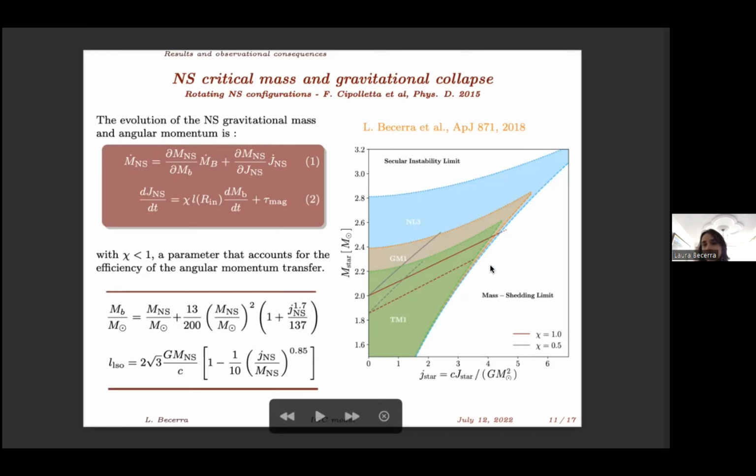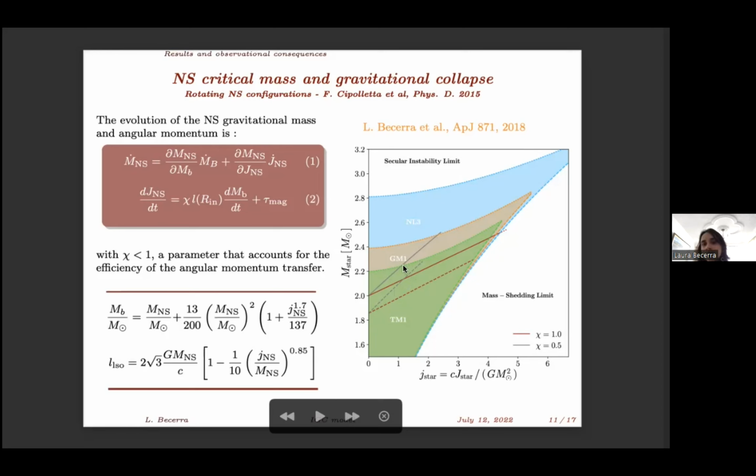But if this accretion of angular momentum is not so efficient, if there are some losses of angular momentum through jets or something else, the stars in this case are going to reach the secular stability limit.